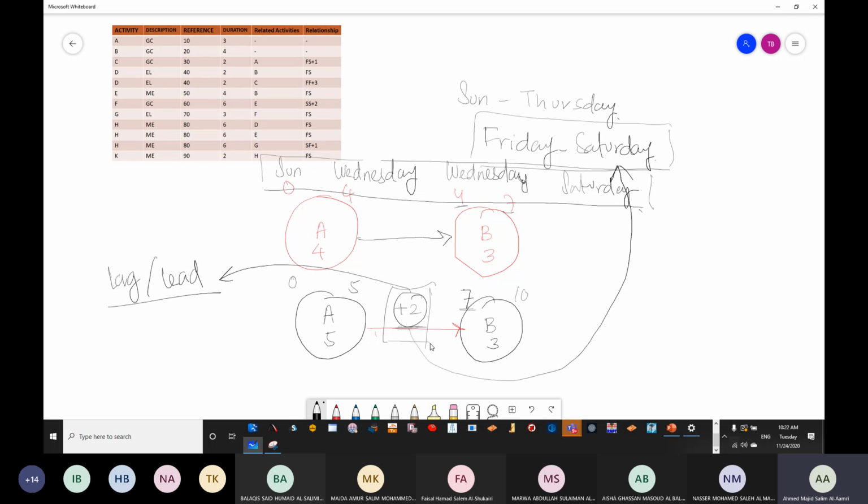It means that in reality, you will always have a delay because of the difference in terms of planning. Your planning assumes weekends and weekdays are the same, all working days.